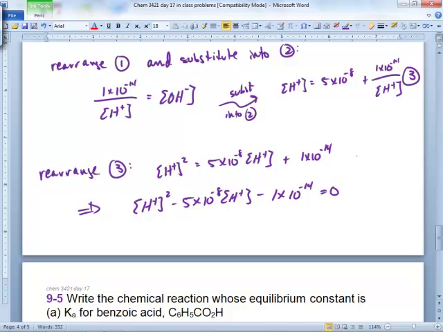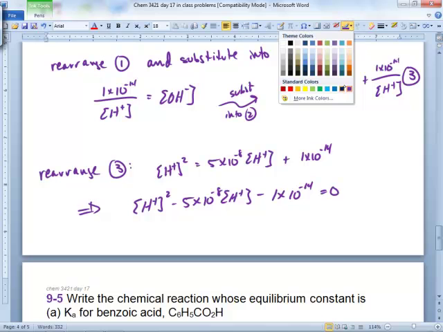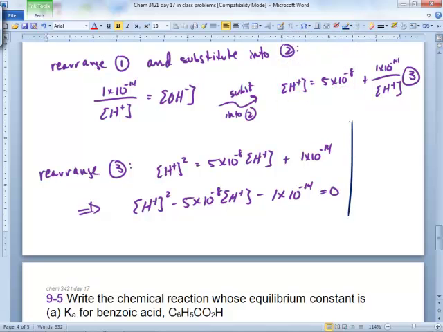Okay, so that means my little a is 1. I need negative b plus or minus the square root of b squared minus 4ac all over 2a. All right?